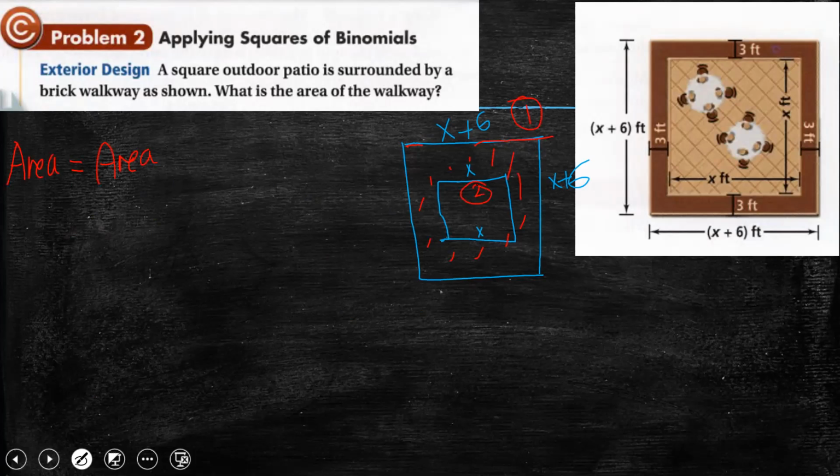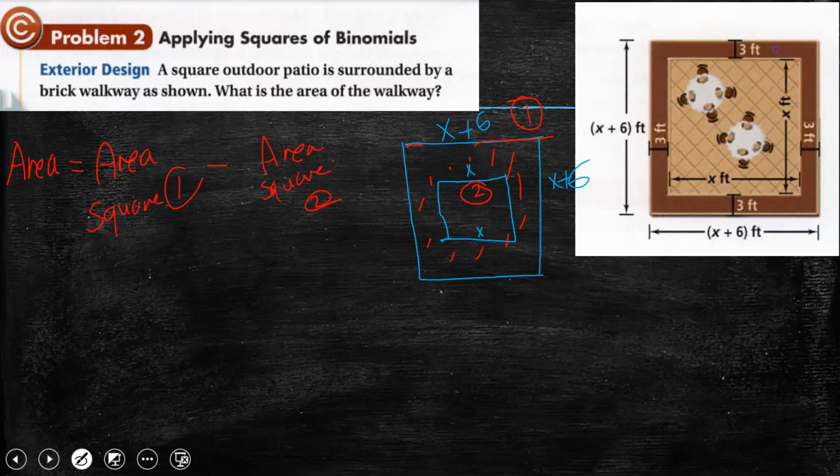So the area is the area of square 1 minus the area of square 2, or the area of the larger square minus the area of the smaller square.